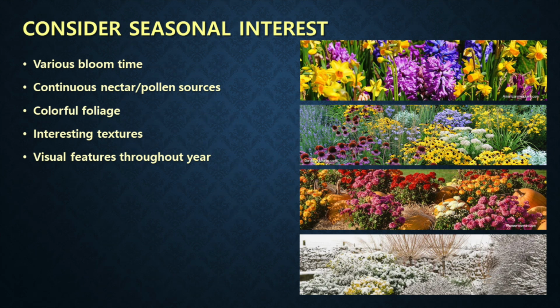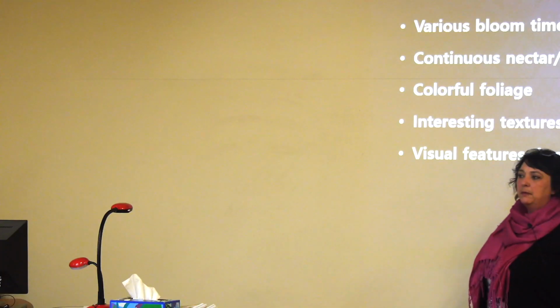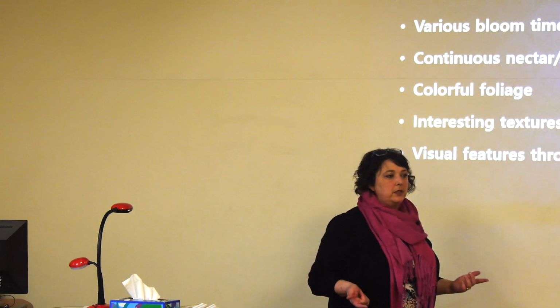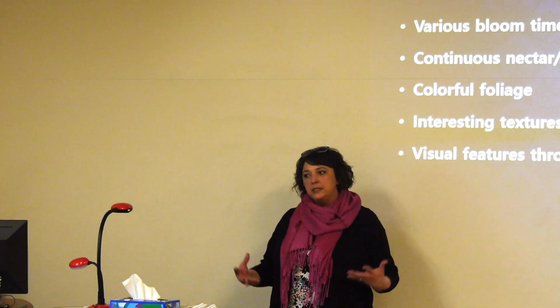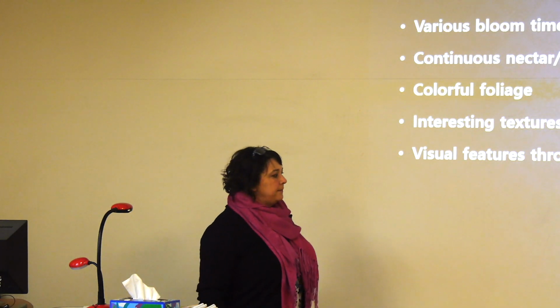Think about what your garden's gonna look like in the winter. So in these images, I went from the bulbs to the spring. No, well, this is the summer. That's the spring, summer, fall with the chrysanthemums, and then winter, right? A lot of us probably don't take into consideration what our gardens are going to look like in the winter. And so that's where those structural pieces really help, right?